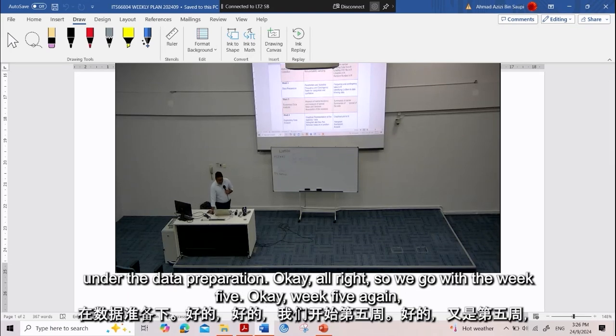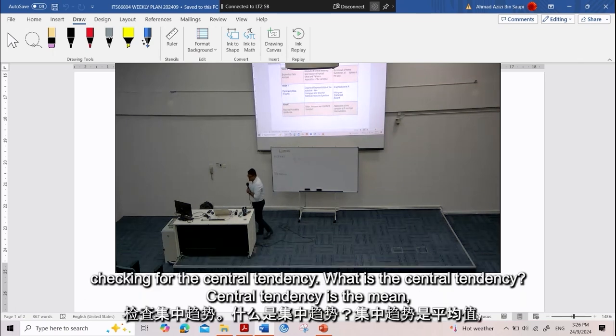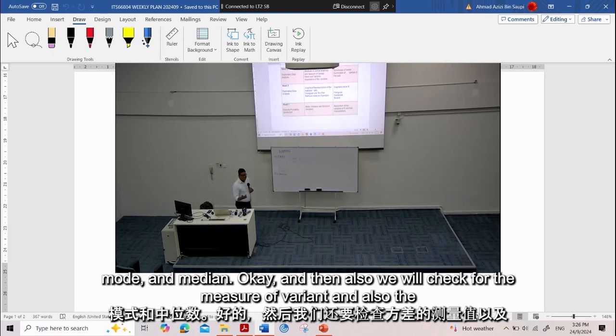Okay, all right, so we go with week 5. Okay, week 5 again, we have the exploratory data analysis, okay, EDA. Alright, so under EDA, we will focus on checking the central tendency. What is central tendency? Central tendency is the mean, mode, and median.